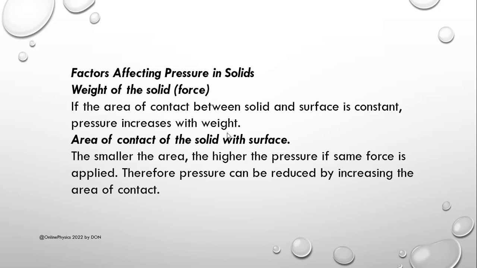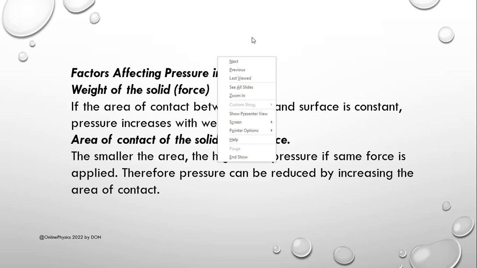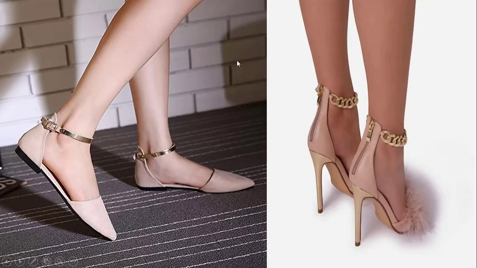So now, moving on, we can check the next part, which is now some images here which we have, which are going to help us with the area in contact. Look at the shoes that have been displayed here.